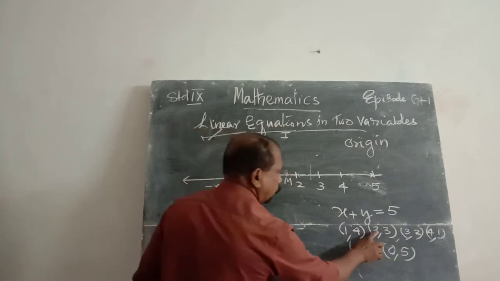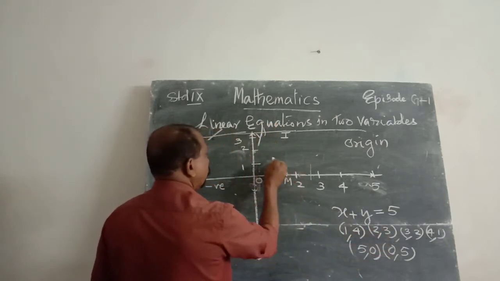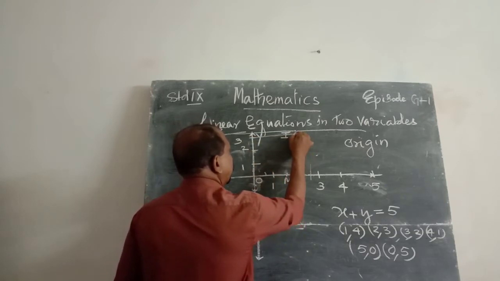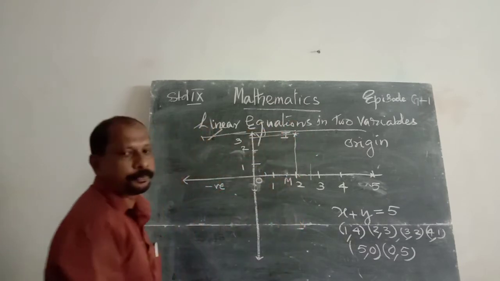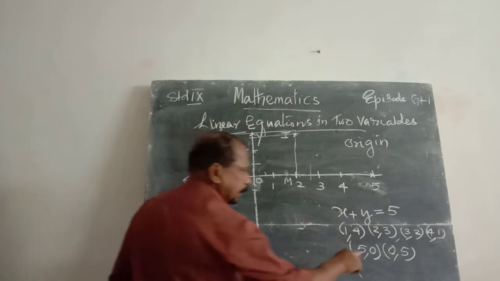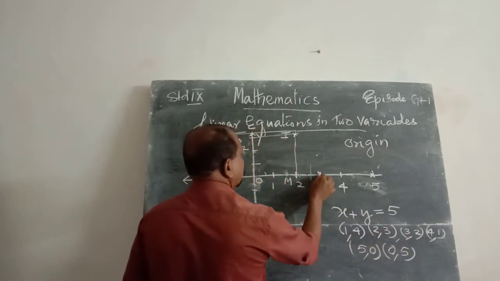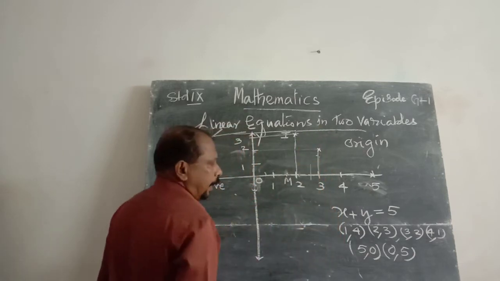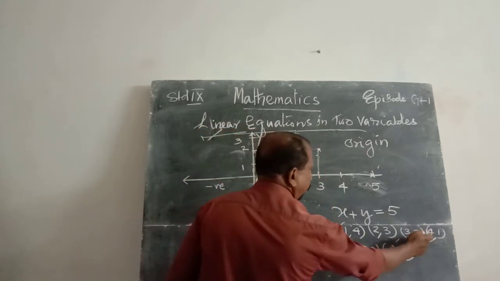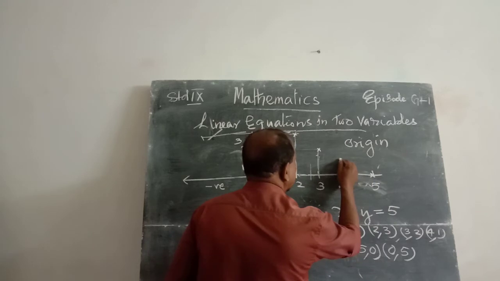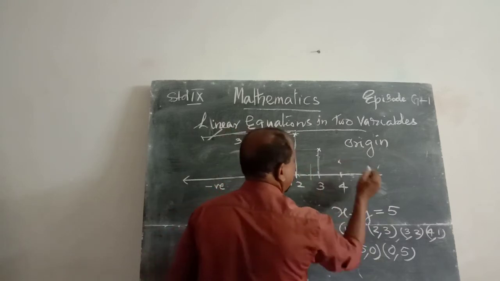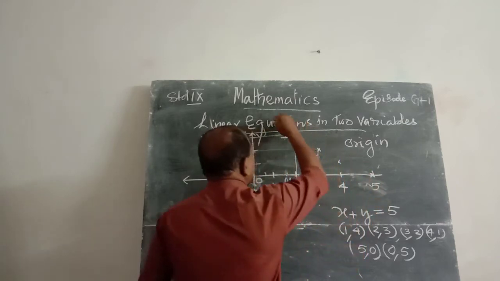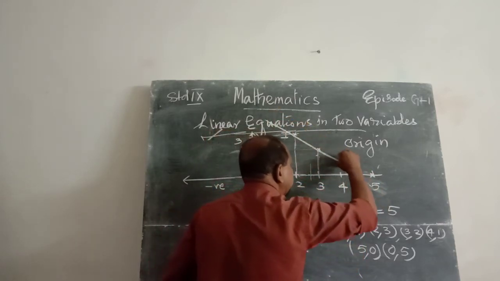Then x is equal to 2, y is equal to 3, this is the point 2, 3. Then x is equal to 3, y is equal to 2, this is the point 3, 2. And x is equal to 4, y is equal to 1, this is the point 4, 1. This is the point x is equal to 5, y is equal to 0. Therefore, join these points.